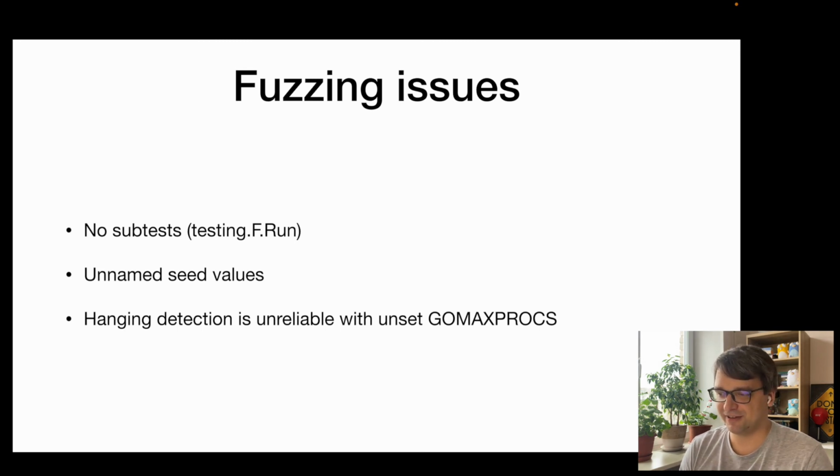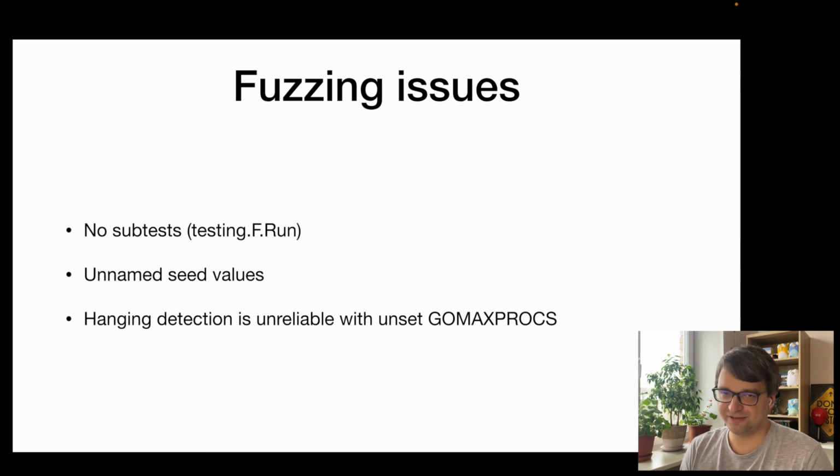But in my case, if I call fuzzing with GOMAXPROCS unset, so by default it uses all the cores, just like compilation or running normal tests, it uses all the cores of your processor. Sometimes fuzzing fails with a message saying, okay, for that particular test case, the function hangs, right? And it writes a file on disk and tells you, okay, run this command, go test with this flag to check this particular input. And you run it and it passes.